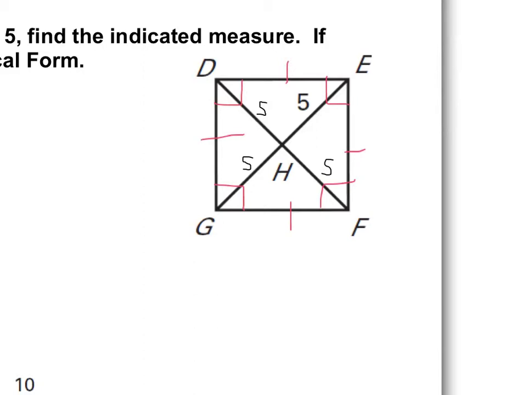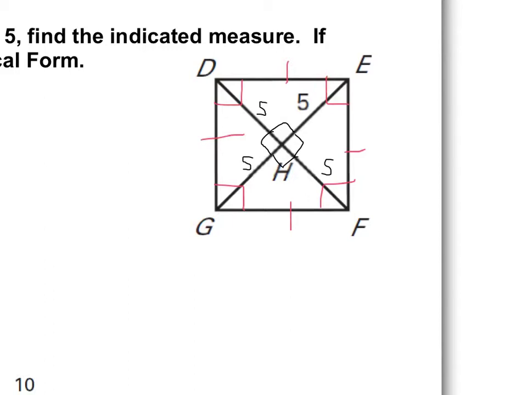And each of these triangles that are formed in the middle, all 4 of these triangles will be congruent, and they're all 45, 45, 90 triangles. In a rhombus, the diagonals intersect at right angles, so all of these are right angles. Also, the diagonals bisect each angle. So if this whole angle is 90, when it's bisected, you get 45 and 45.